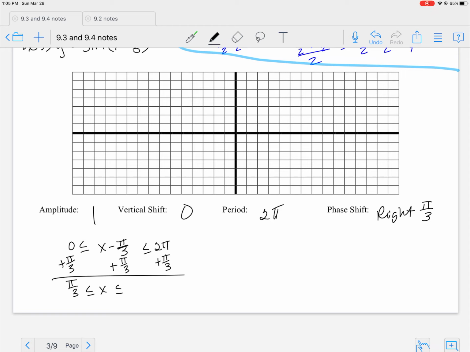I'm going to scoot this up a little bit. And I now have pi over 3 is where we're starting, which is less than or equal to x, which is less than or equal to, if I add these together, I get a common denominator, 7 pi over 3. So my initial value is going to be at pi over 3. My ending value is going to be at 7 pi over 3.